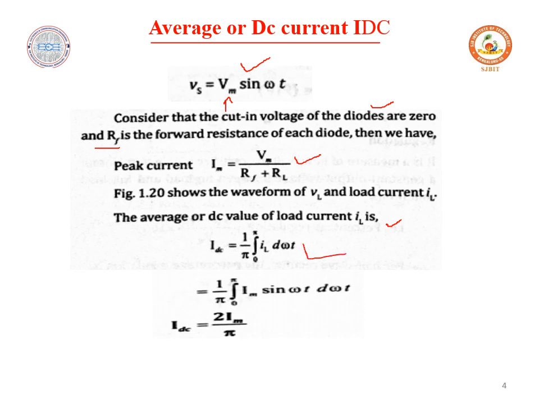We consider only the half cycle. We substitute the IL value as Im sin omega t and integrate sin omega t, which becomes cos omega t. So you are going to get 2 Im by pi. IDC is 2 Im by pi.